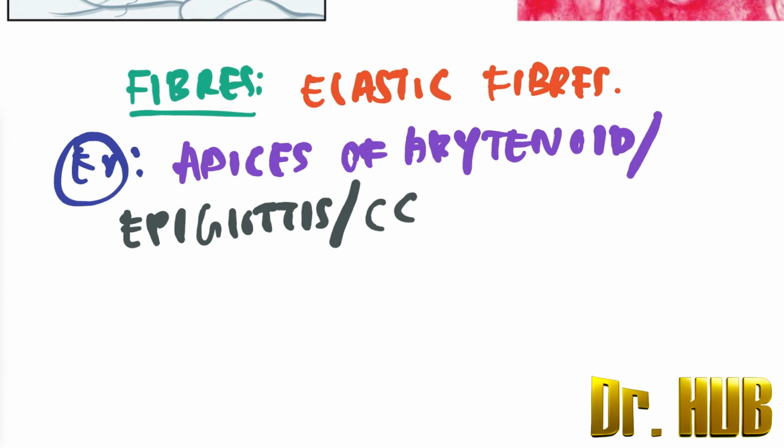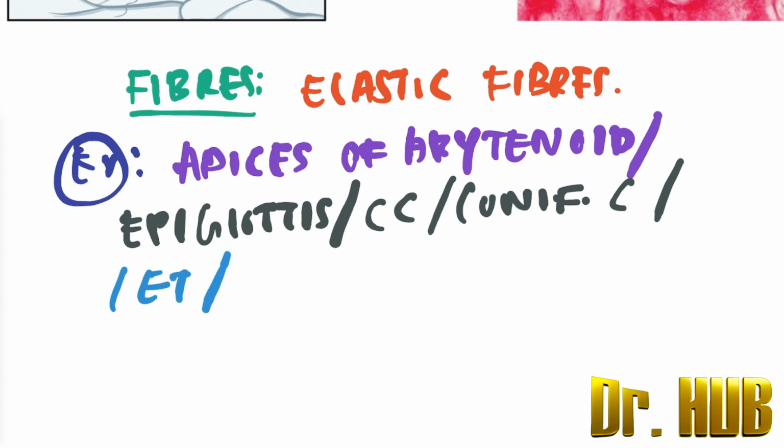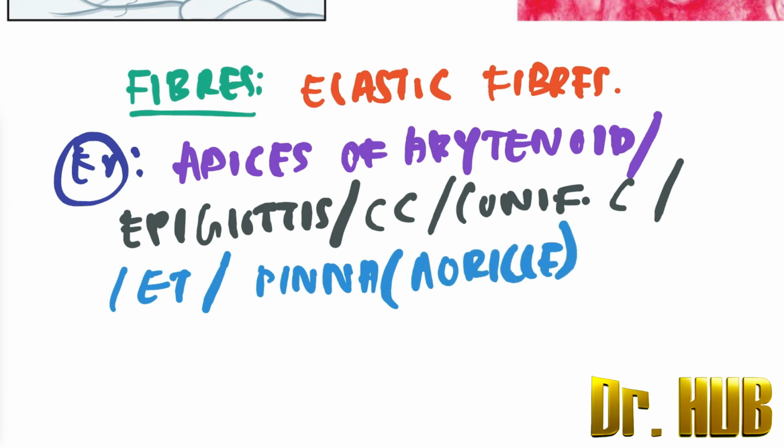There are the corniculate cartilages, let's write it as CC, and there are also the cuneiform cartilages. Then there is ET, that is the eustachian tube. There is also the pinna, that is the auricle, and the external auditory meatus, known as the EAM.